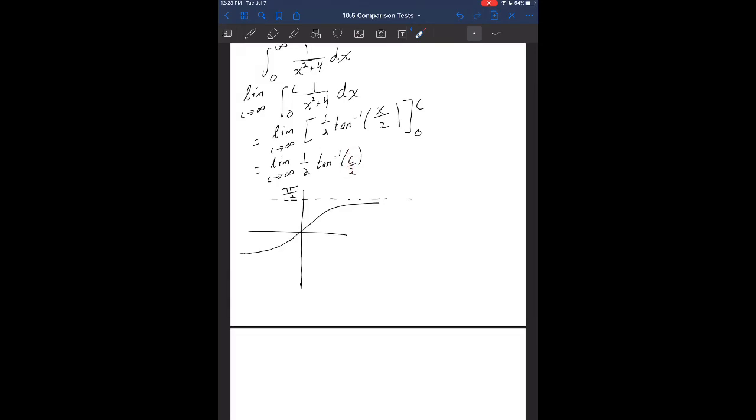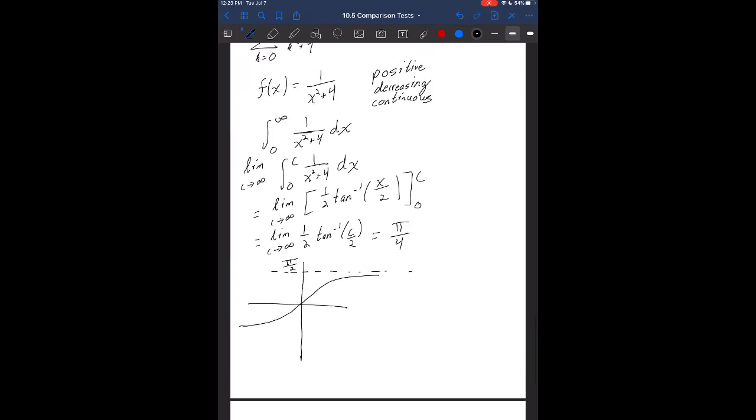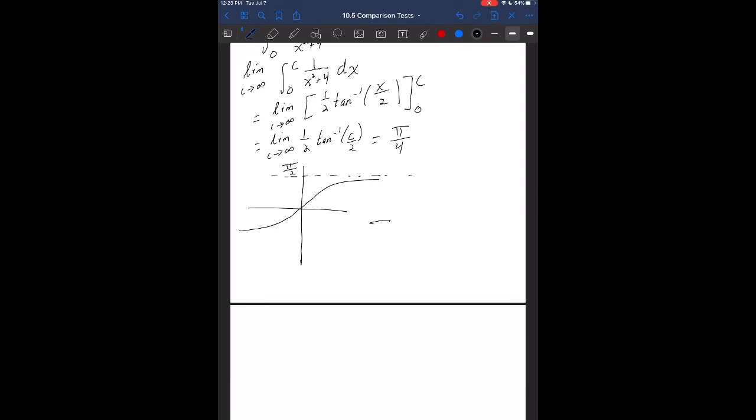This c over 2 on the inside is not going to end up mattering, because if my c is getting really big, c over 2 is certainly getting big and going off to infinity as well. So this is going to be equal to pi over 4. So because this integral converges, my sum from k equals 0 to infinity of 1 over k squared plus 4 also converges.